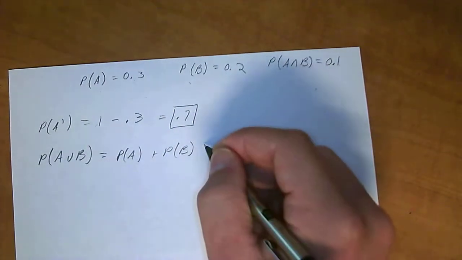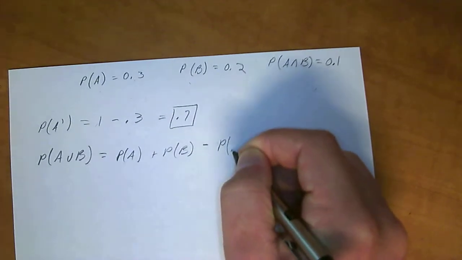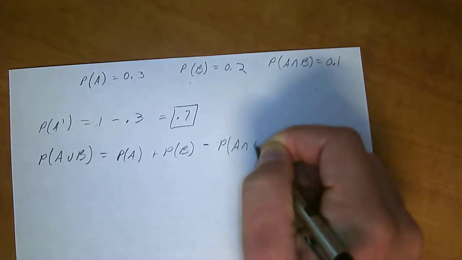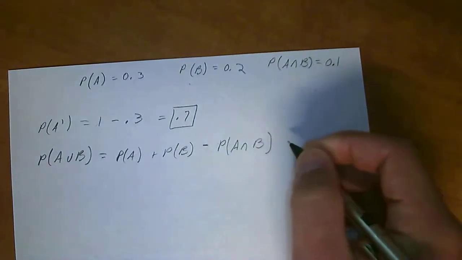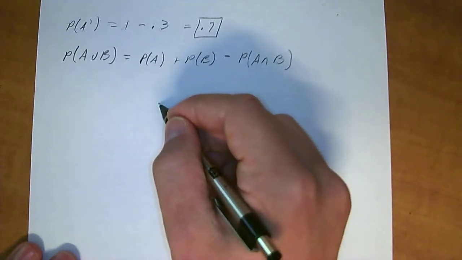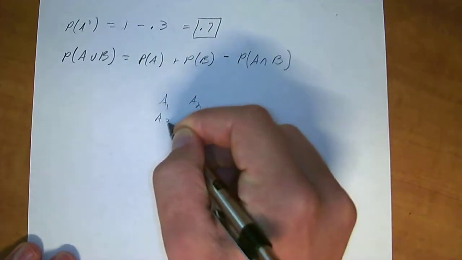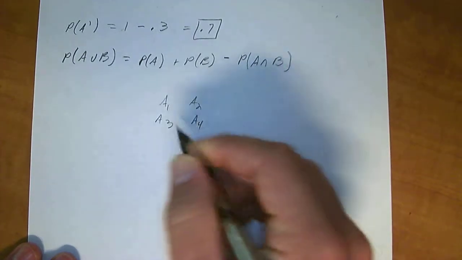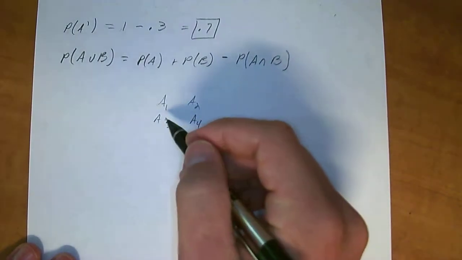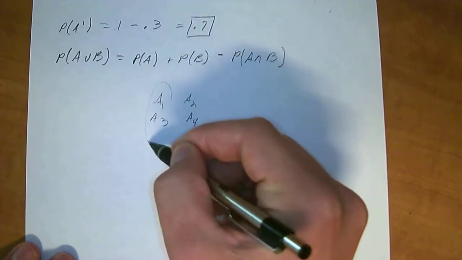When you're doing a union by addition, you have to subtract the probability of the intersection, A intersected with B. The reason for this: imagine if you had a group of state spaces like A1, A2, A3, A4. These are not the probabilities, these are just variables.